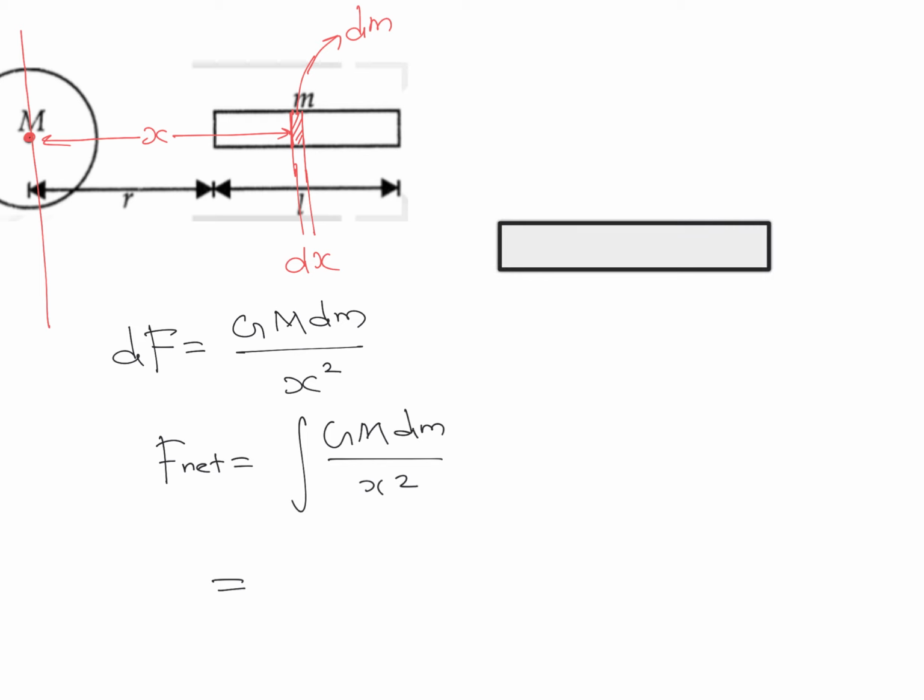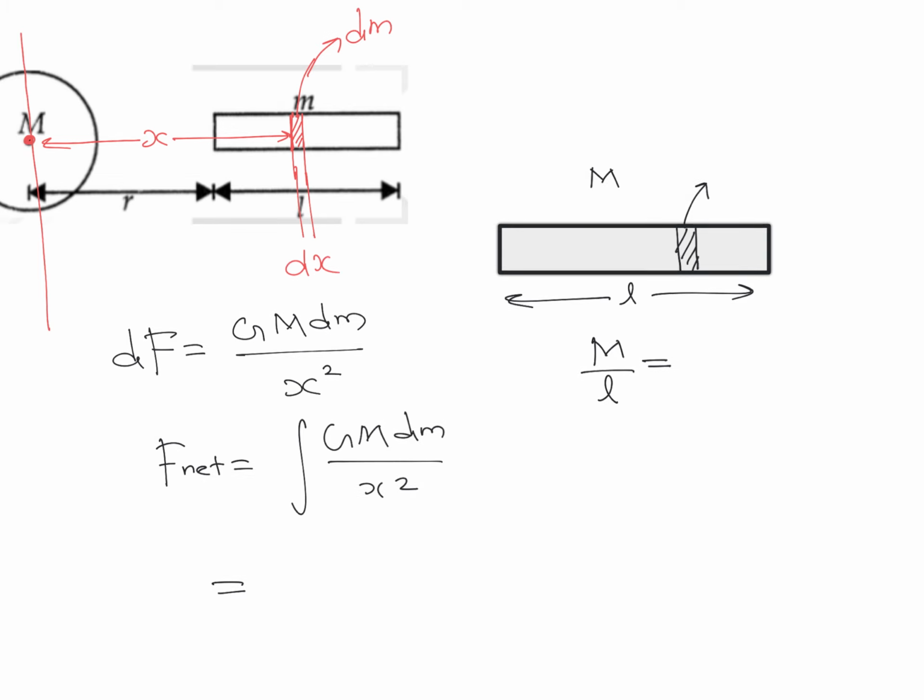Over here we have a rod of mass m and length L, so we can find its mass per unit length. Total mass divided by total length gives the mass per unit length. This ratio is the same for all the small elements. So the ratio is m by L, and it will be the same for any small element.